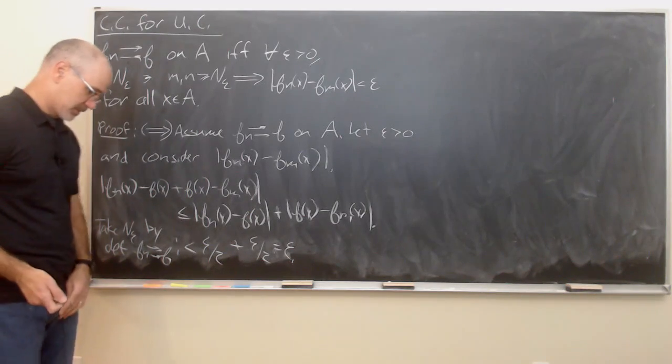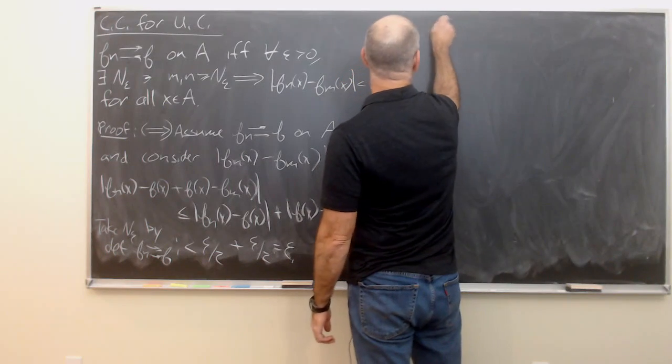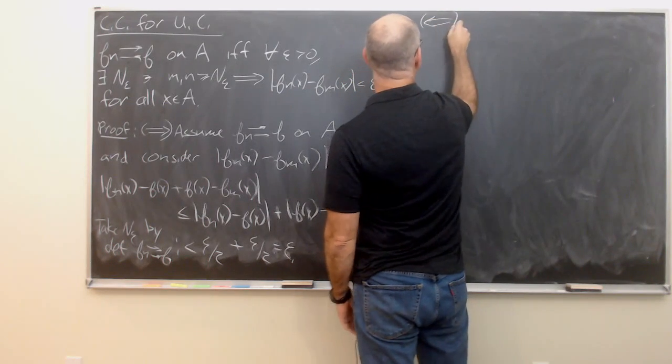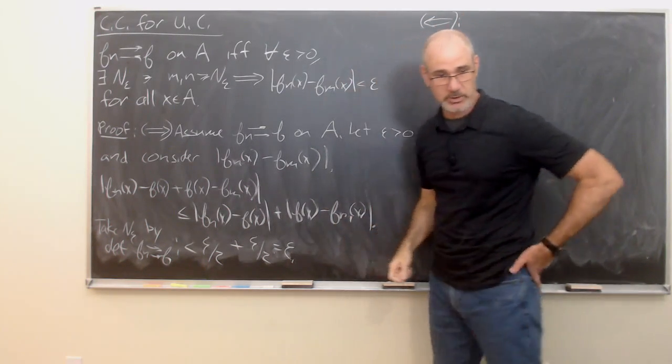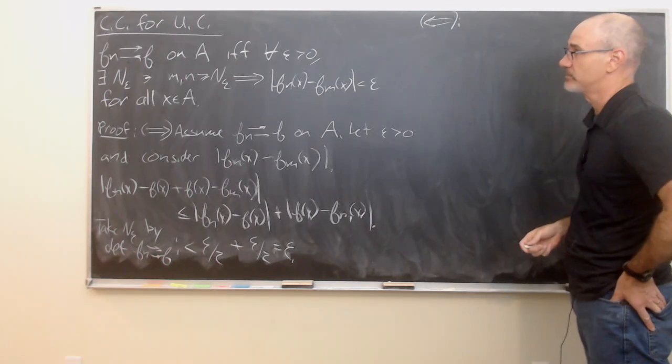All right, next up is a little bit trickier. So we want to prove the backward direction. We assume that the Cauchy criterion holds, and we want to show that the function sequence must converge uniformly.